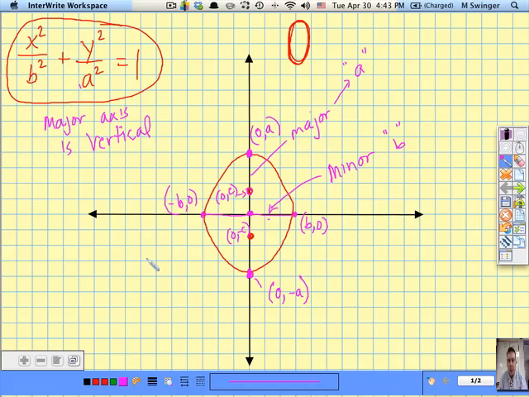Use these little formulas to get A's and B's and C's, to get your covertices here and here, to get your vertices here and here, and then get your foci here. And that should be about it. So let's work with an equation, you'll see how it works.